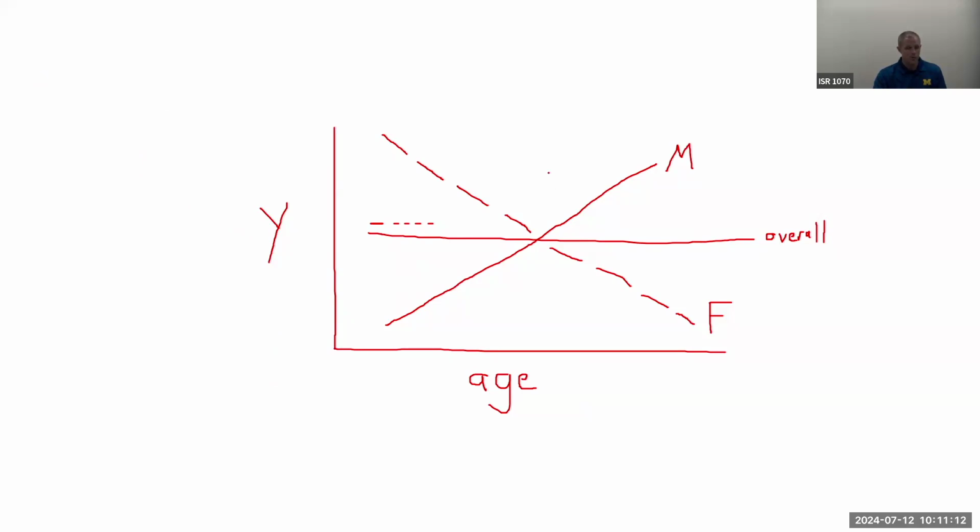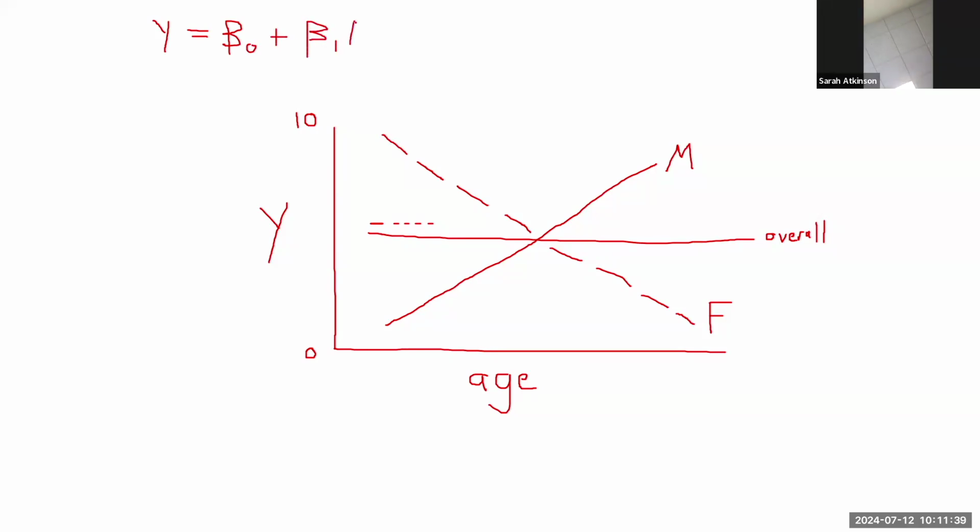Okay. So based on the graph that we're seeing here, let's suppose that the dependent variable goes between 0 and 10. All right. So I fit a regression model to these data. My model is y equals an intercept plus a coefficient times gender.